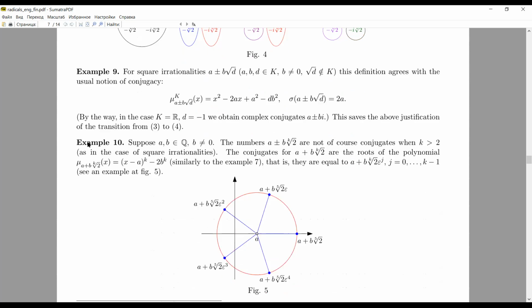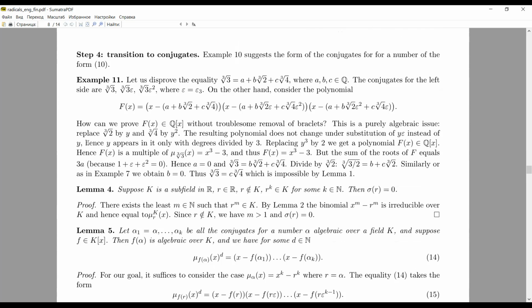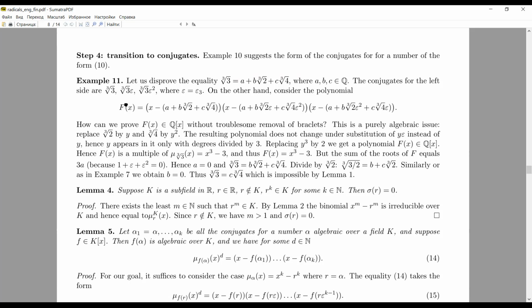Example 11, I think. Yes, this is a partial case of our situation. Let's disprove this equality. How to do this, and how to find conjugates to the right-hand side? It looks like the Cardano formula for a cubic equation. So you see this polynomial f of x, and you see how we find conjugates.